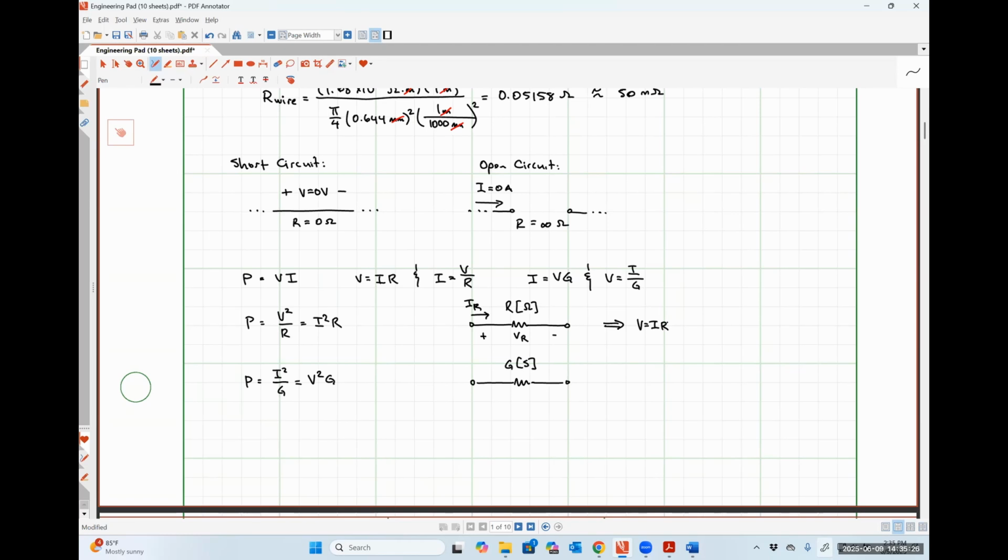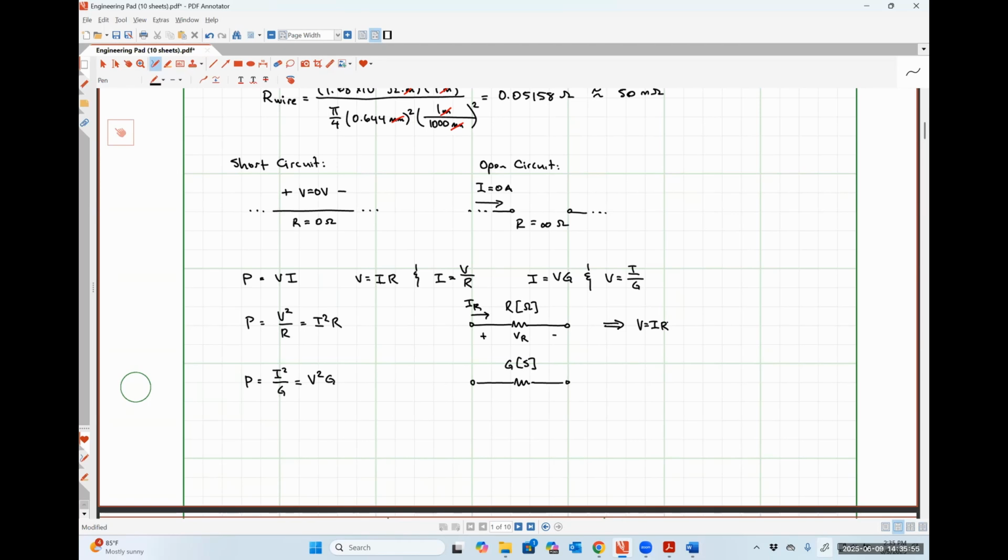And this is because resistors cannot supply power. All they can do is absorb power and convert electrical power into heat. This is one of the most common mistakes that I see students make, especially when they're starting out in this class, is forgetting that if current's flowing into the negative polarity terminal, Ohm's law needs a minus sign.